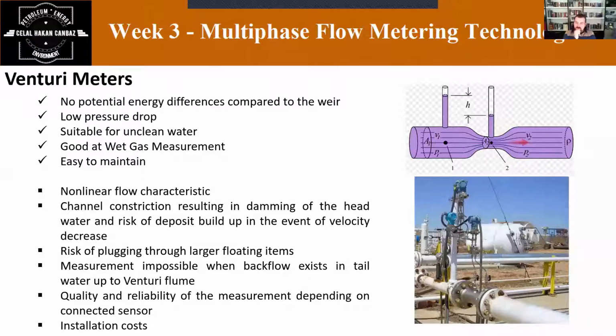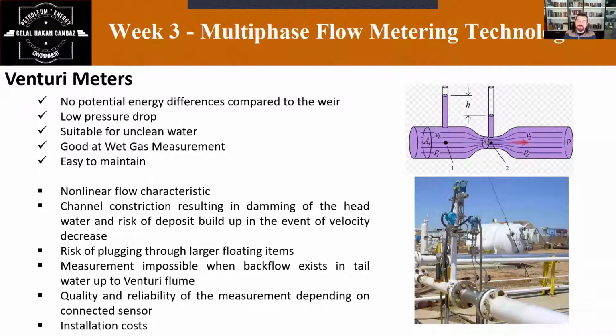And the quality and reliability of the measurement, depending on the connected sensors, is another issue. The quality of the connected sensors is one of the main issues as well. If you have a bad quality one, your error percentage can increase.